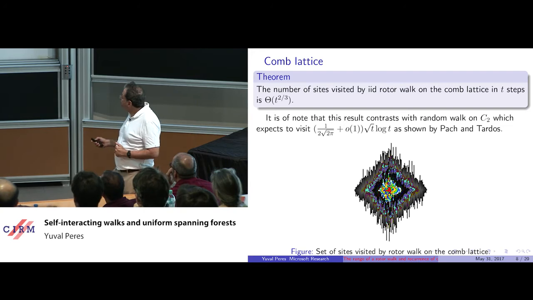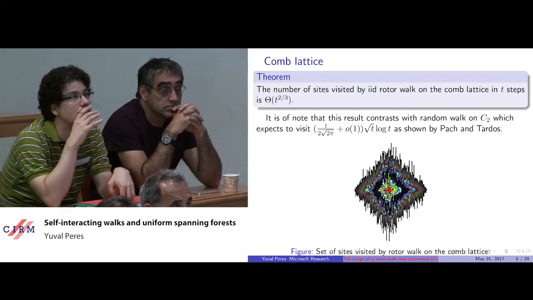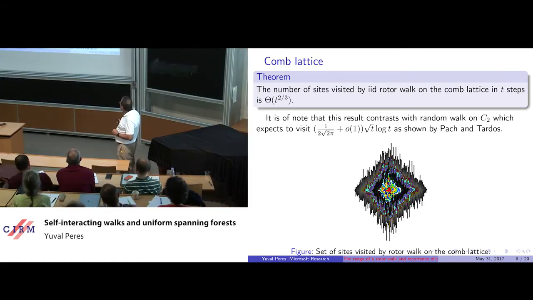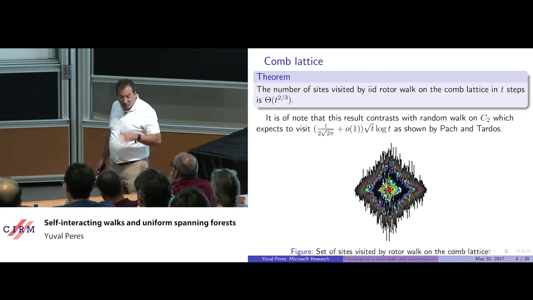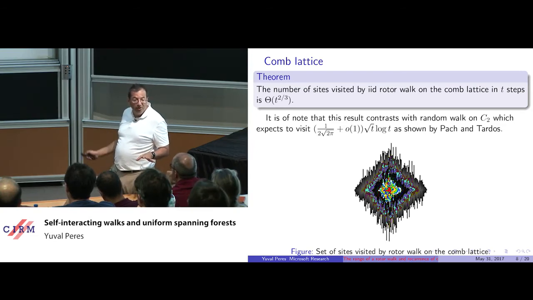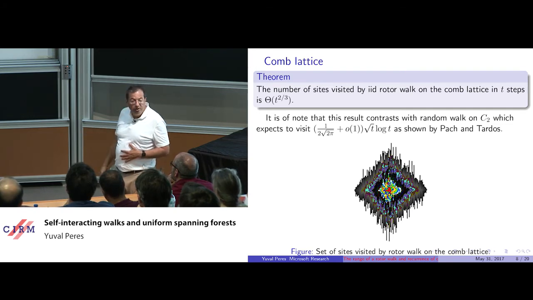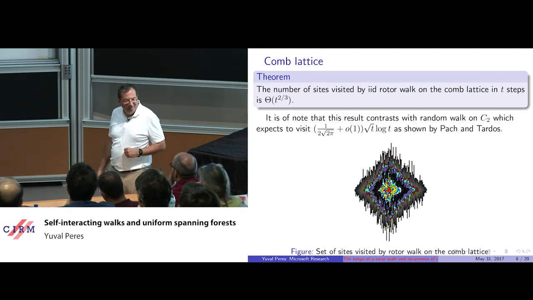So the range of the random walk is only growing like root t log t. But this is a classic example where there was a previous physics paper. This is proved with exact calculation by Pach and Tardos. But there was earlier a physics paper claiming t to the 3/4 growth for the range.